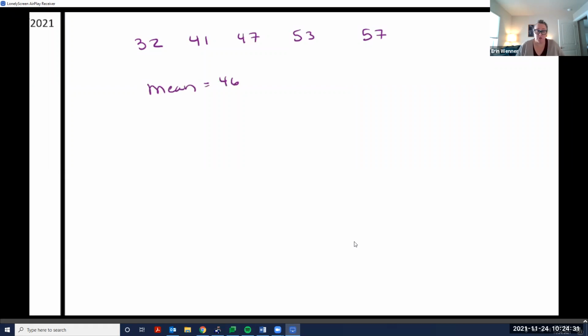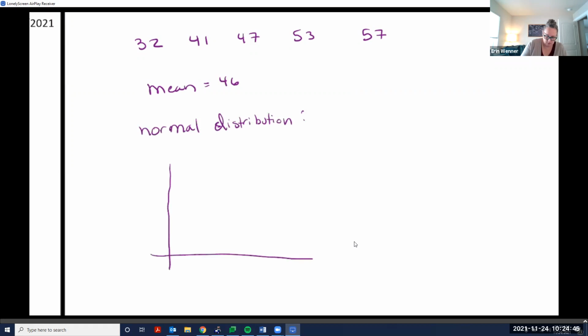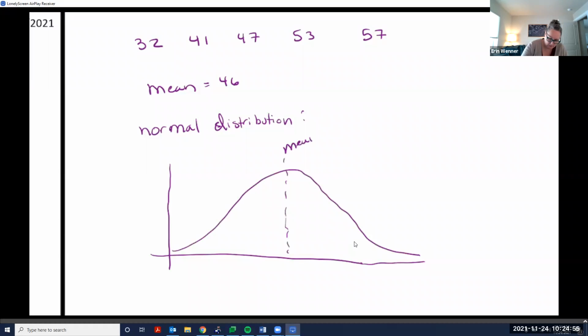So for a normal distribution, we have our mean here, and that is 46.